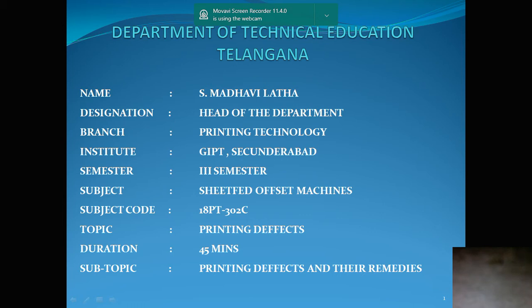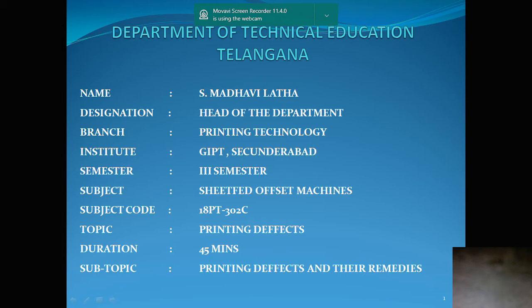With the help of greasy crayons, the image areas were drawn in the initial stage. Later, the image and non-image areas are transferred onto the plate with photographic techniques, and then we develop the plate with certain chemicals which make the non-image areas receive water.